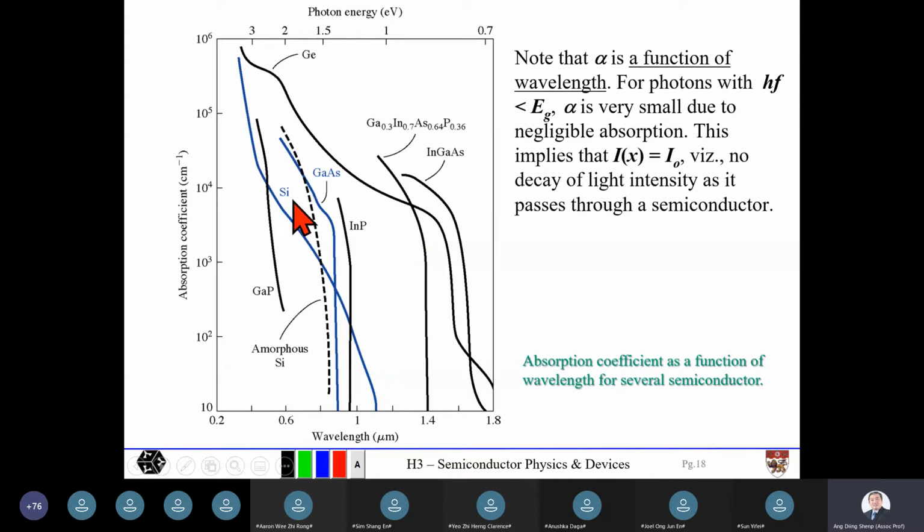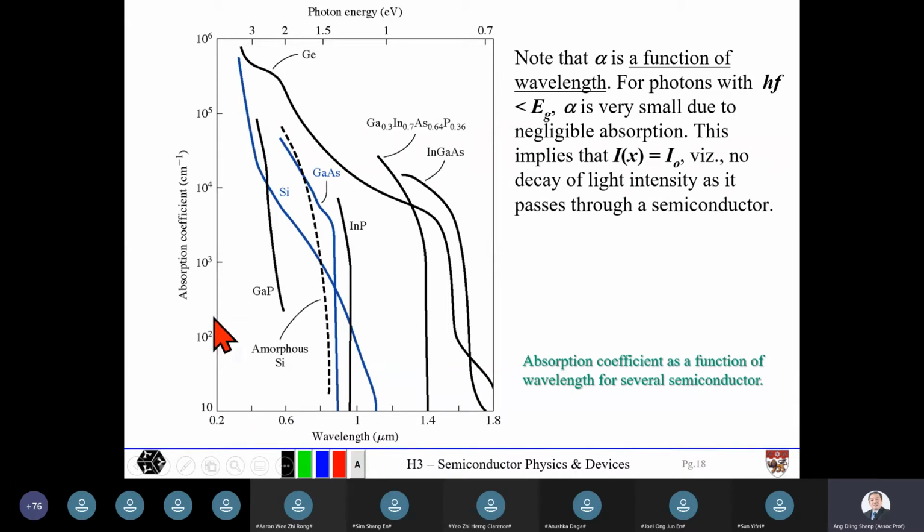If you take silicon, for example, this blue line represents how alpha will vary with the wavelength of the light shining on silicon. If the wavelength is too long, above about 1.1 micrometer, you see that alpha drops very quickly to a very small value, almost 0.